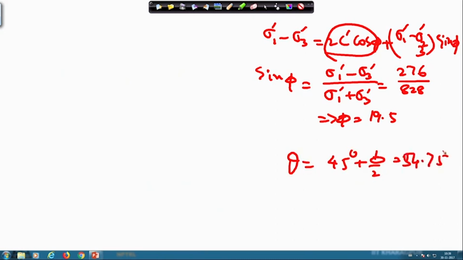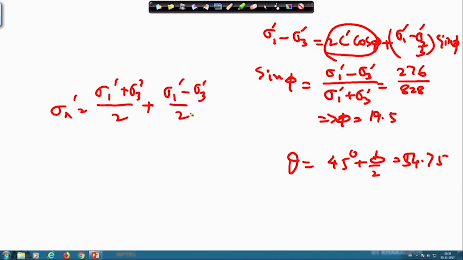Then if you know the plane, the expression for the normal and shear stress on that plane is: sigma n equal to sigma 1 dash plus sigma 3 dash by 2 plus sigma 1 dash minus sigma 3 dash by 2 cos 2 theta. If I put all the values, finally you will get 367.9, the same value we got in the previous method.